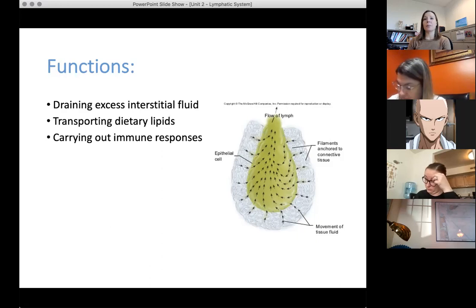Also, the lymphatic system helps to carry lipids that were ingested and then absorbed. So what you can add here is that lymphatic vessels transport lipids that have been absorbed by the digestive tract into the blood.